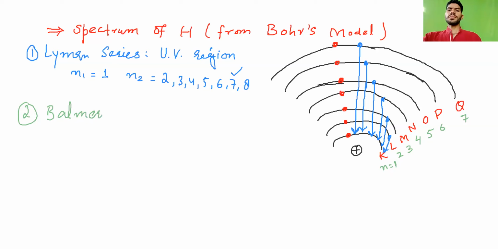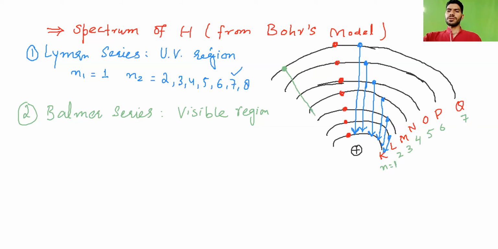Do you remember this Balmer series? I have told that it lies in the visible region. We get this Balmer series when the electron is in a higher energy level and comes back to this L shell, right?